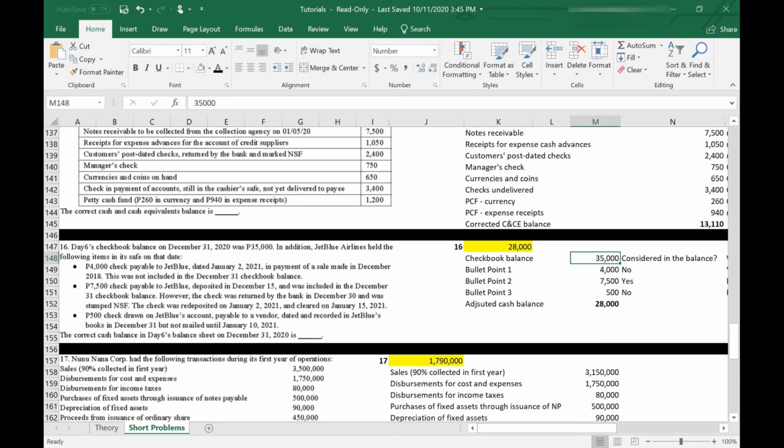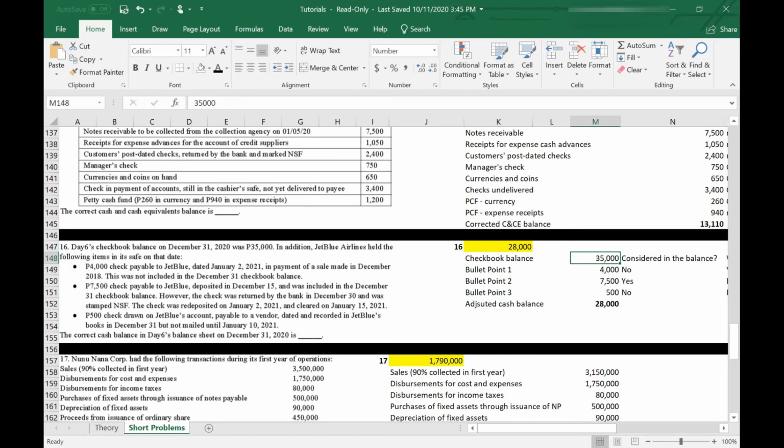First bullet point. A 4,000 check payable to JetBlue dated January 2, 2021. Oops, it's a post-dated check, because your reporting date is December 31, 2020. So this is a post-dated check, in payment of a sale made in December 2018.